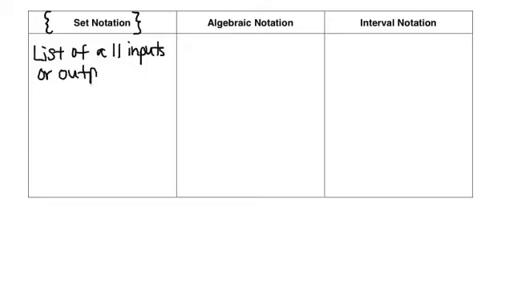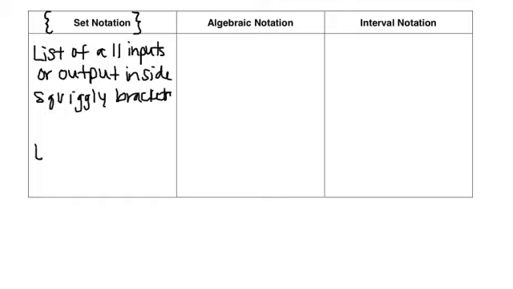The first is set notation. And with set notation, we're going to use little squiggly brackets. So it's the list of all the inputs or the outputs, depending on which we're looking for, the domain or the range, inside squiggly brackets. So for example, the domain could be written as {1, 2, 3, 5}.